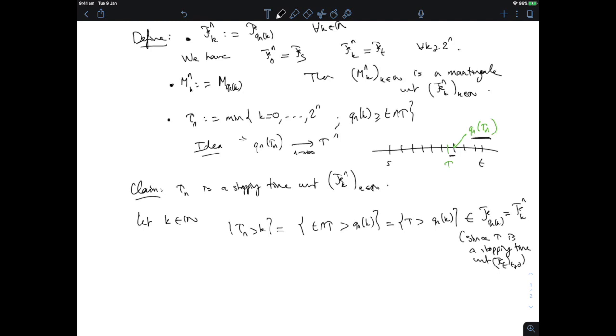So what have I got? I've got that tau n smaller or equal to k, which is the complement of this set, is in F_k^n for all k. So tau n is a stopping time with respect to the filtration F_k^n.